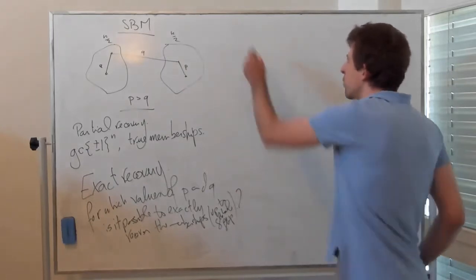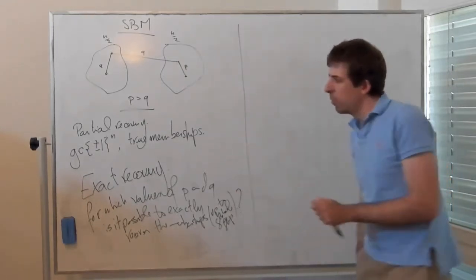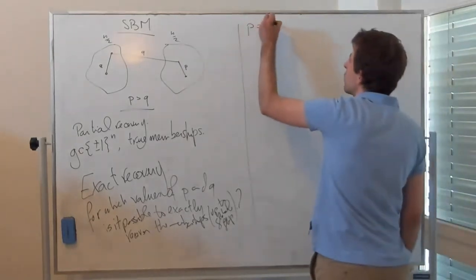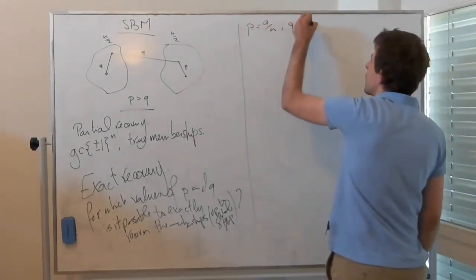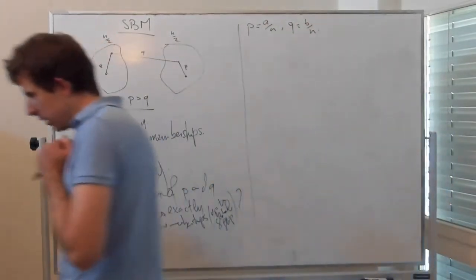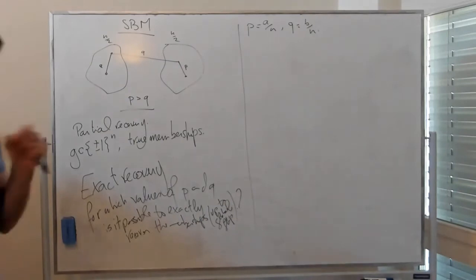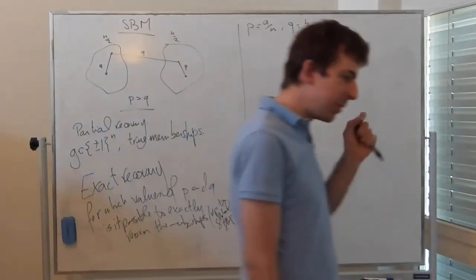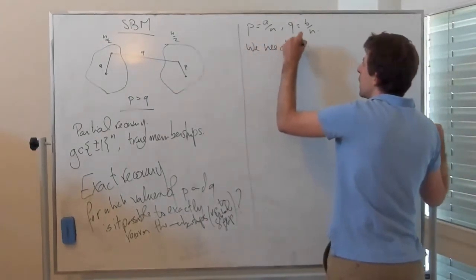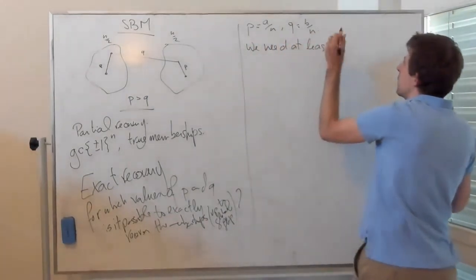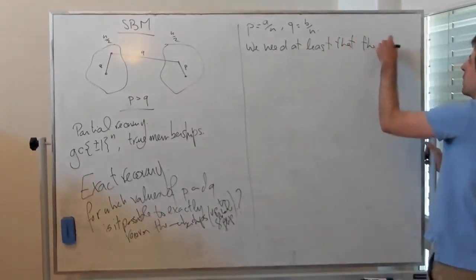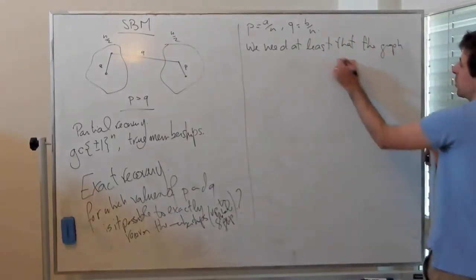Okay, so we talked before about sparse networks, about when p was something like a over n, and q was something like b over n. But if we want to be able to recover communities exactly, recover every node's membership exactly, we need at least that the graph is connected, or at least a subgraph of each community.